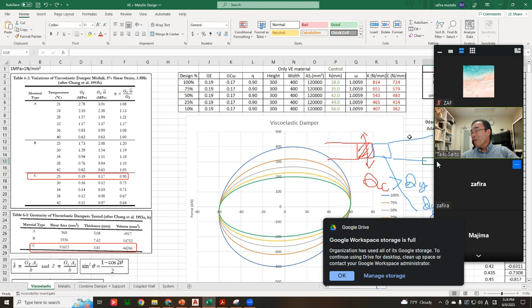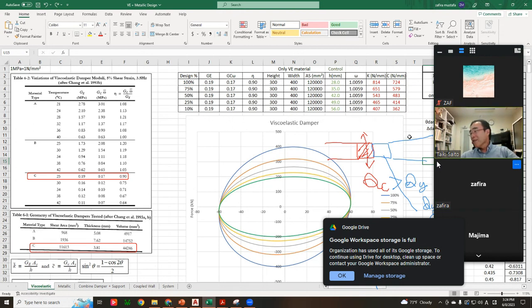But if it is over QY, I believe this hysteresis will be something like this. I mean, it cannot be over. Okay, Sensei. So this part will be over QY.